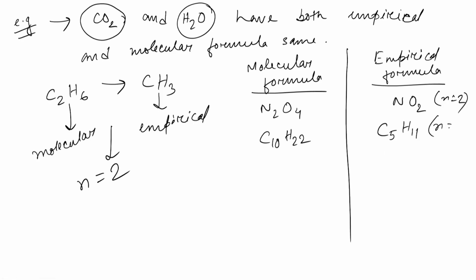Here also N is equal to 2. Now, we have benzene C6H6. The empirical formula will be CH. So, here N is equal to 6. So, these are certain examples that we have learnt about empirical formula and molecular formula. We will study the detailed calculations in the next lecture. Thank you.